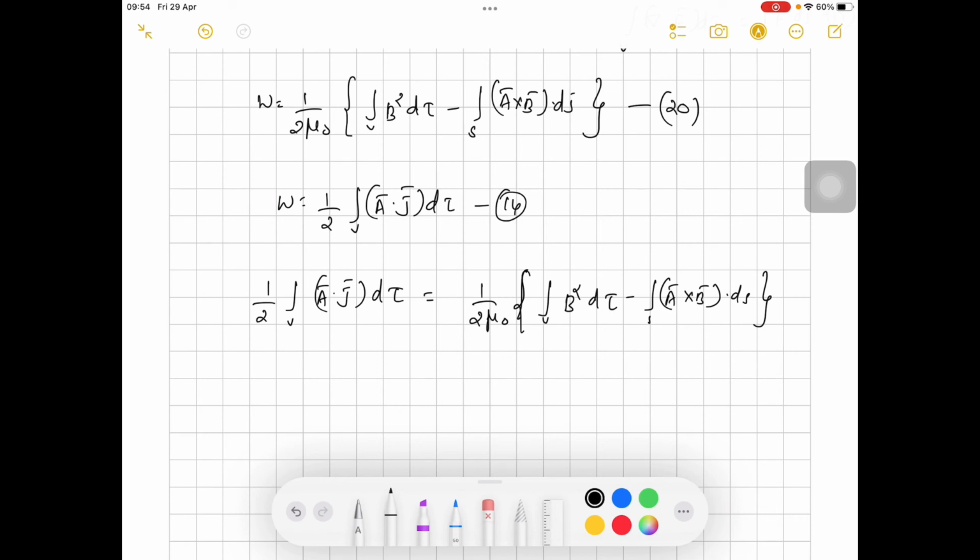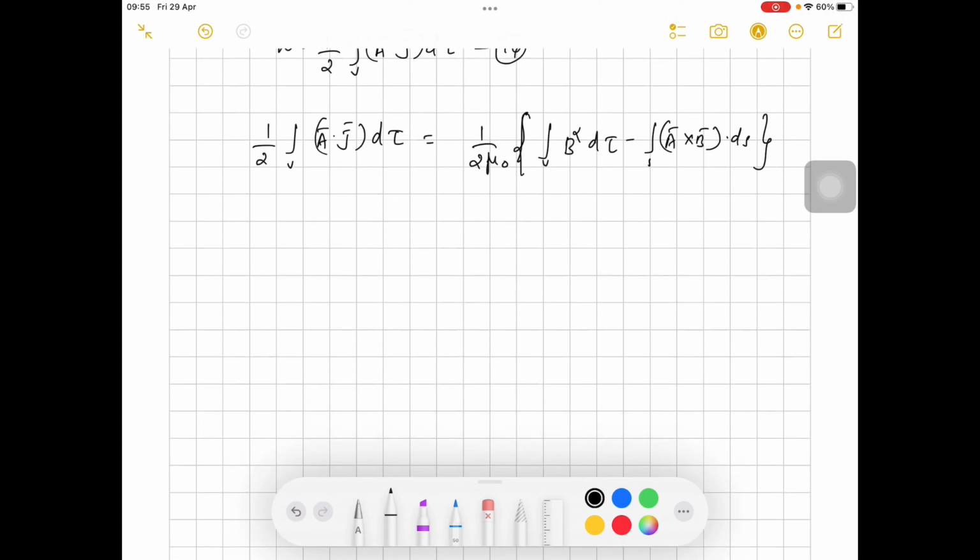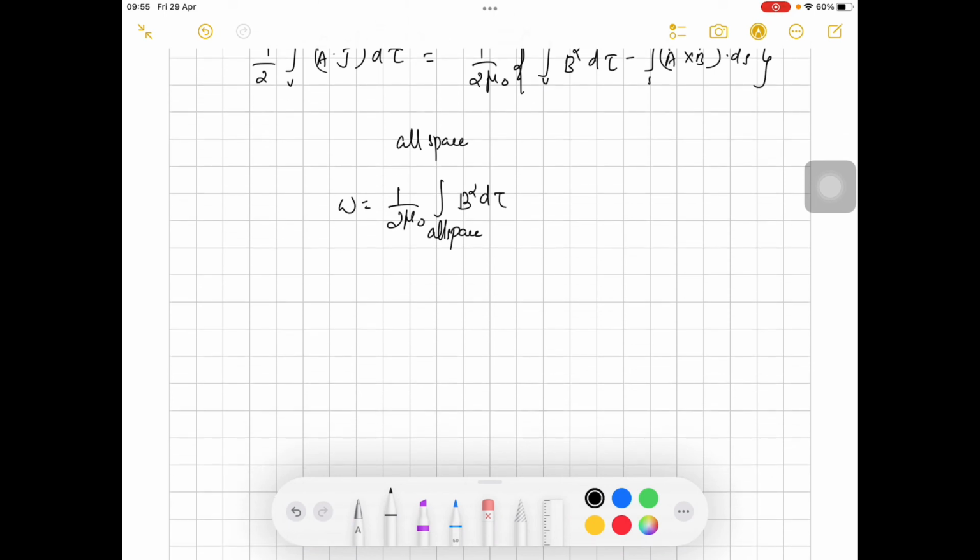If you are considering the whole space, the surface integral becomes negligibly small. So for the entire volume, W is equal to 1 by 2 mu 0 integral over all space of B square d tau, and this is the work done.